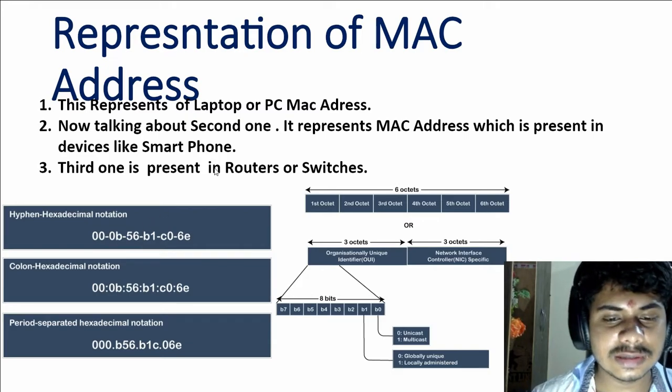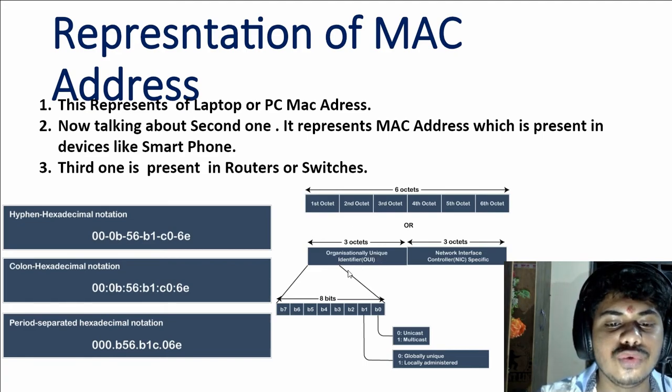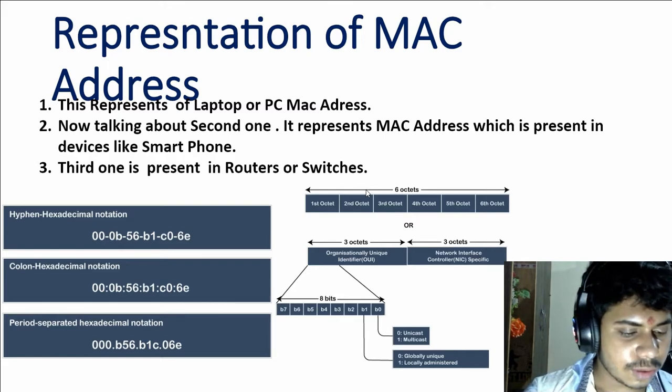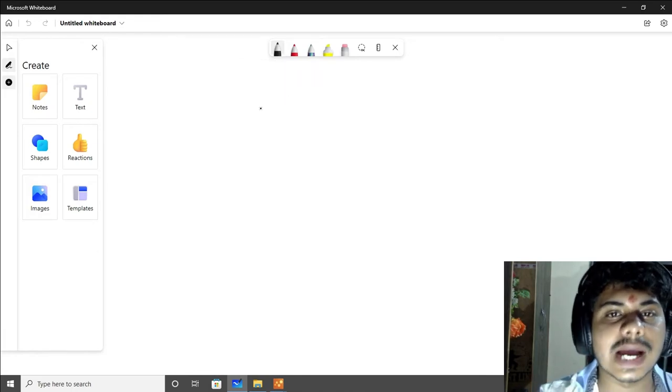Now let's talk about what OUI is. OUI is the organizationally unique identifier, which we will discuss on the whiteboard. So now let's go to the whiteboard. Now let's discuss MAC address.